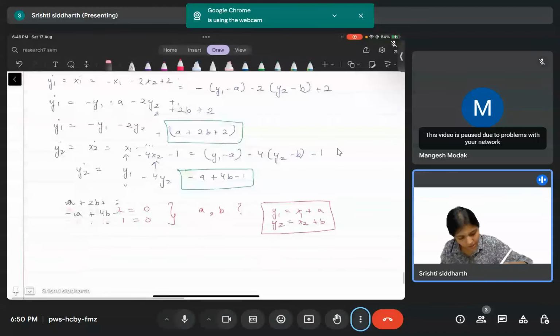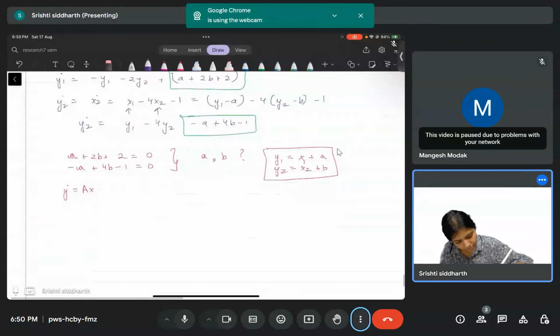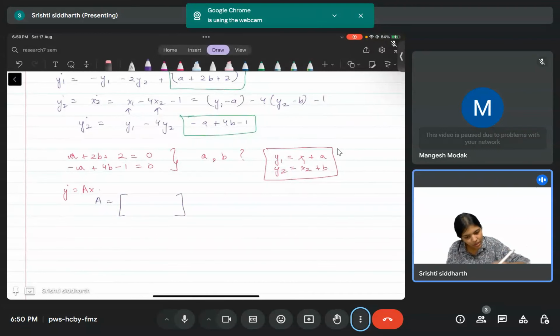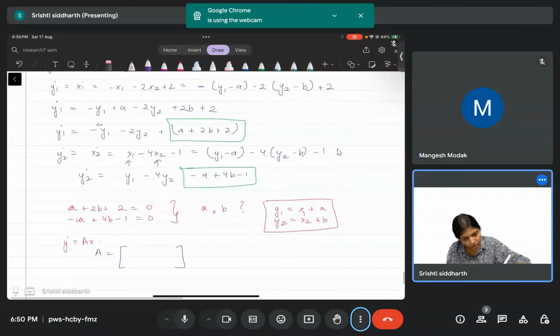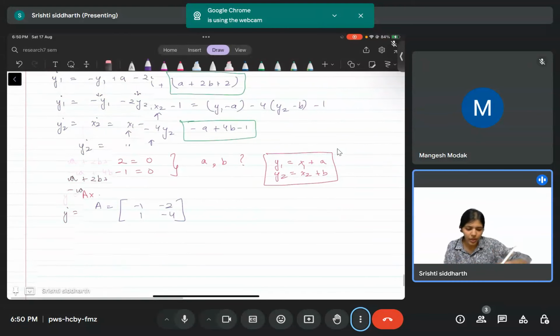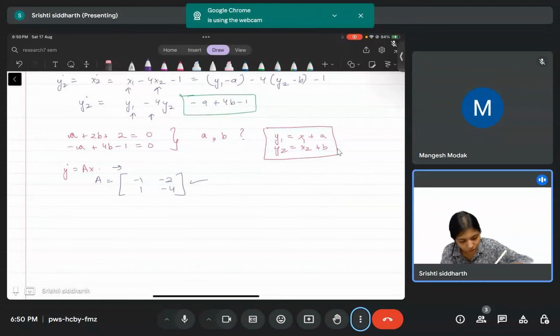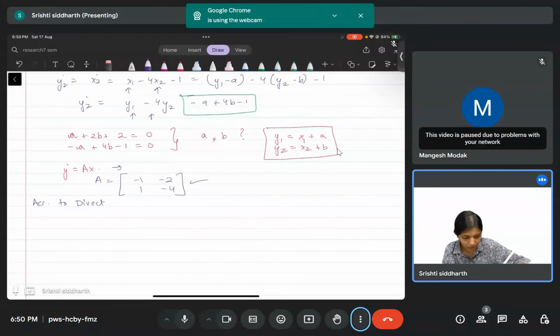Okay, so what is the matrix A here now? The A that we got is from here: minus 1, minus 2, 1, minus 4. So we have a homogeneous system, we have the matrix A. Now we are going to use the direct method of Lyapunov for the asymptotic stability.